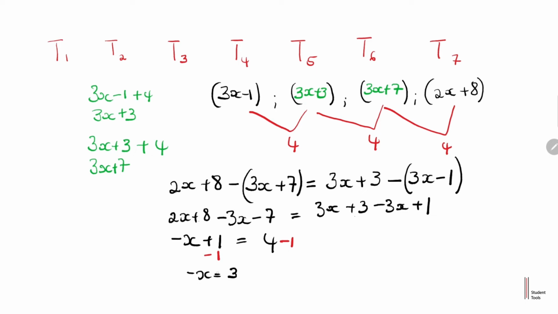To make x the subject, we will divide by negative 1 on both sides, such that x will be equal to negative 3. And that is just how we find the value of x on 2.1.1. x is equal to negative 3.